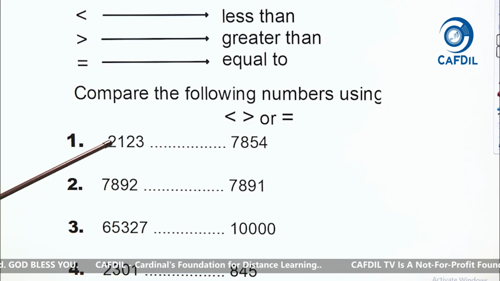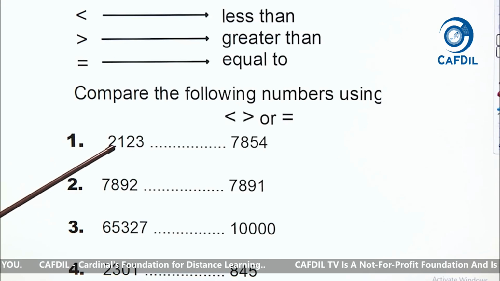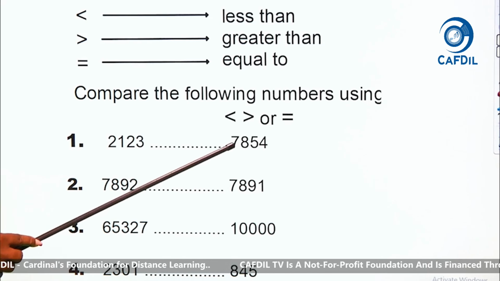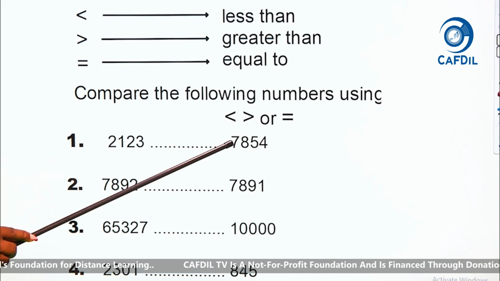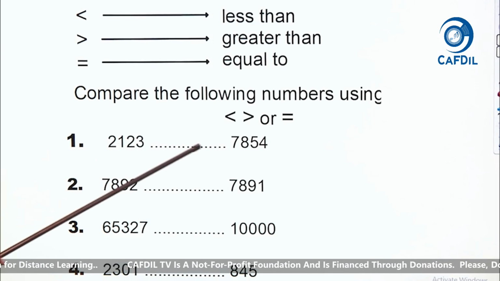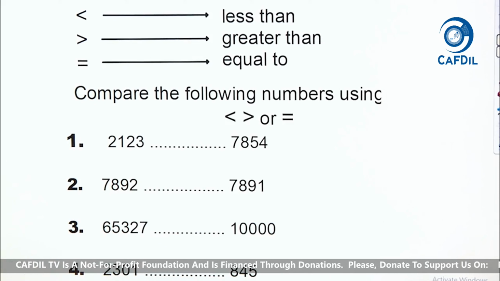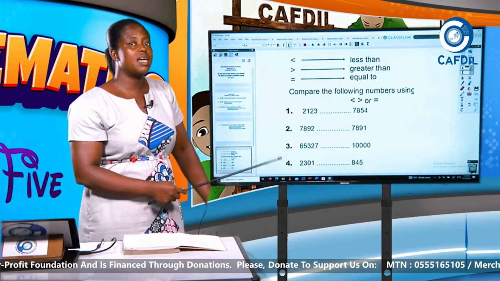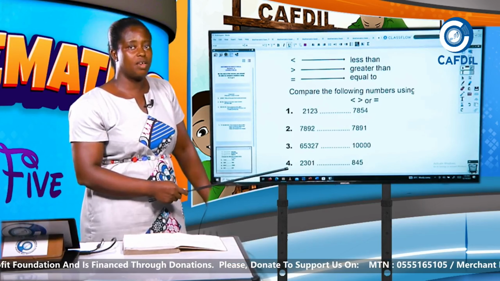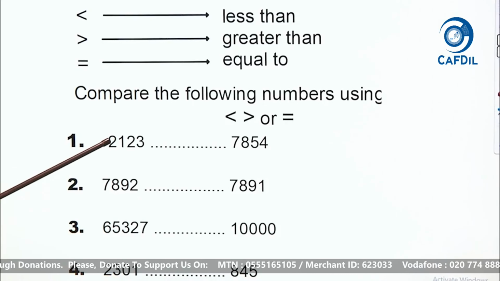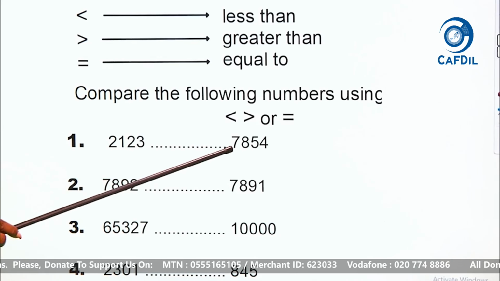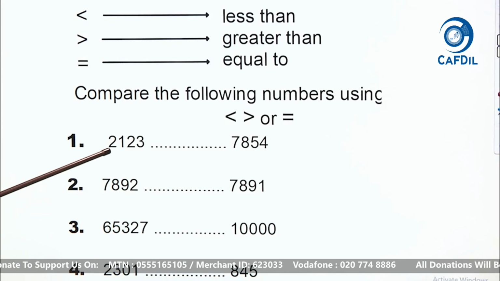So you see that the first digit of this number is 2, and the first digit of this number is 7. You can see that 2 is smaller than 7. So here we can insert the less than sign. Since 2 is smaller or less than 7, it means this number is less than this.